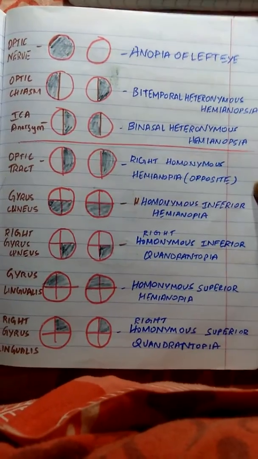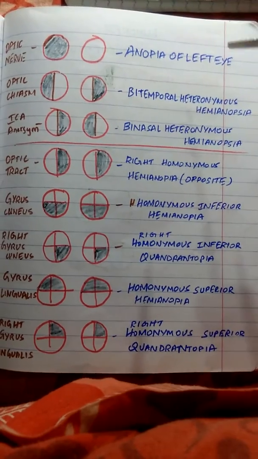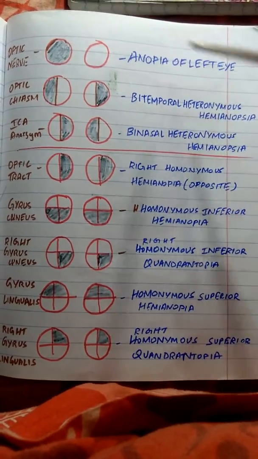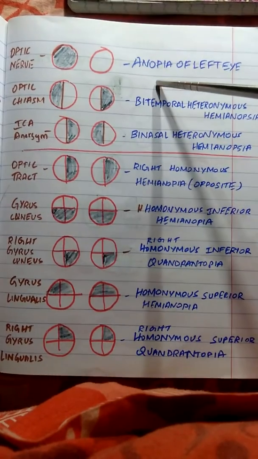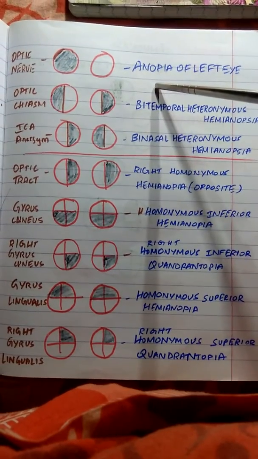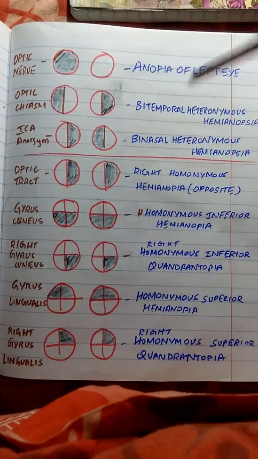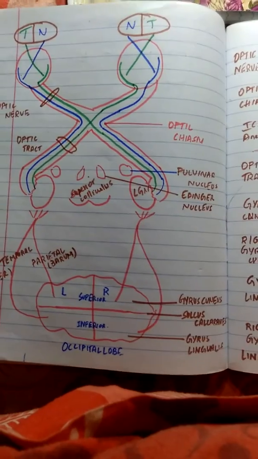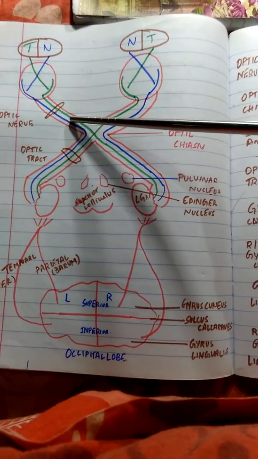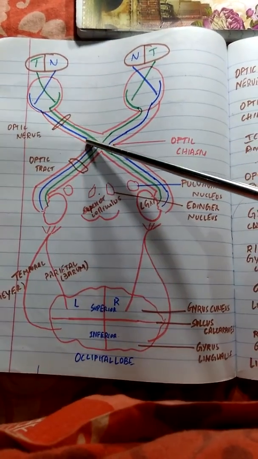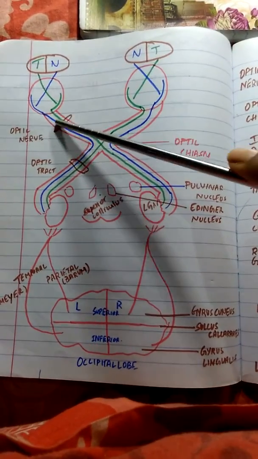And let's get into the visual field defects. The first one is anopia or anopsia of the left eye. Actually, it's one eye blindness. What happens is there is damage to the optic nerve. This is the optic nerve, and it consists of the temporal fibers and the nasal fibers of only one eye.